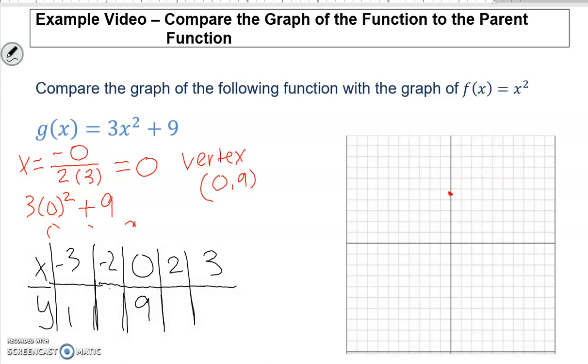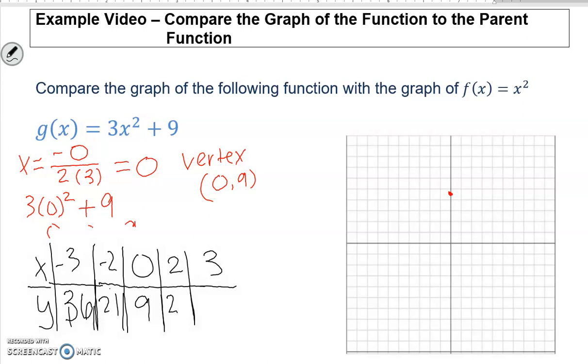So negative 3 squared is 9, times 3 is 27, plus 9 would give us 36. Negative 2 squared is 4. 4 times 3 is 12, plus 9 would be 21.